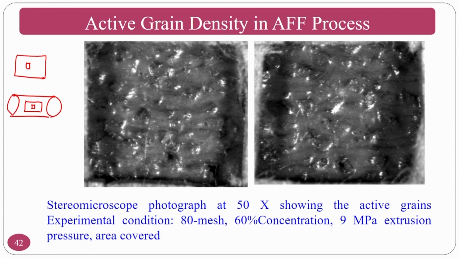That means only that surface is visible to us, because the paper is like a normal paper on which we write. So the stereo microscope gives me the number of active abrasive particles present on the medium slug per unit area, if I am taking 1 by 1 mm. Now from there you can easily calculate the number of active abrasive grains.